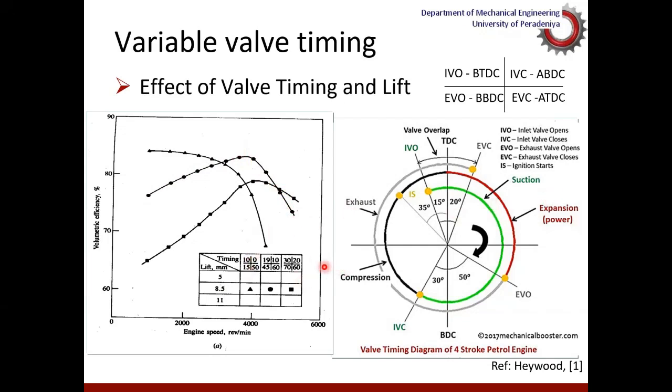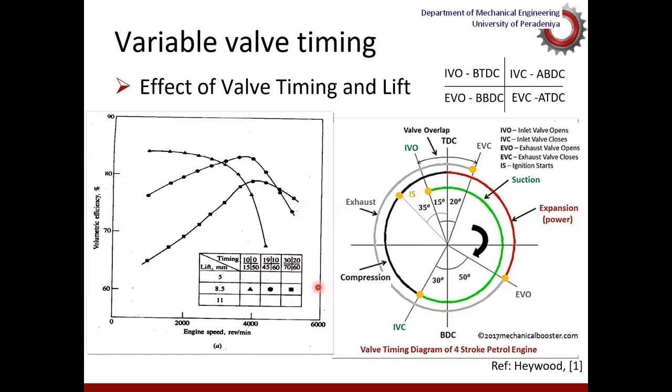On the other hand, you can see in the third one, where you open the inlet valve very early and close it quite late, the variation is this box curve. If you keep the valves open for a longer duration before the bottom dead center, then the volumetric efficiency at high speeds will definitely increase due to the ram effect.